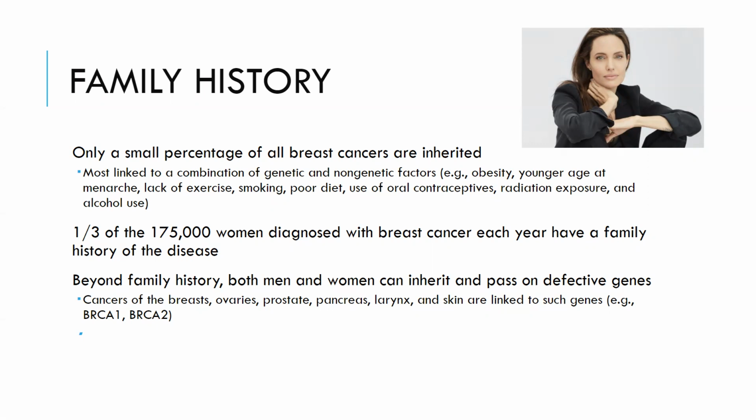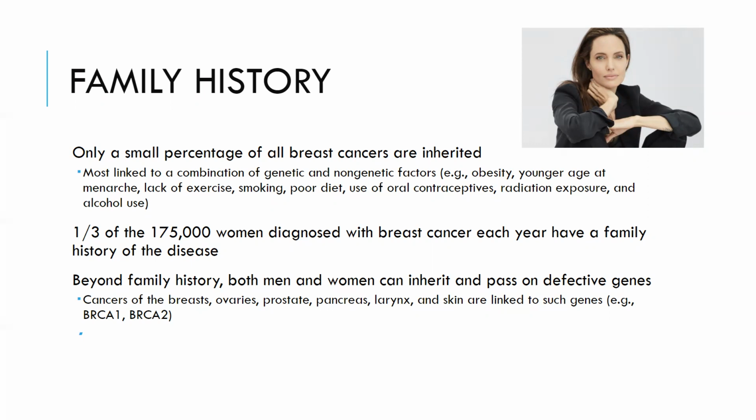Breast cancer, in addition to ovarian cancer, prostate cancer, pancreatic, laryngeal, and skin cancer, are all cancers that are linked to genes that can be inherited. Two of the big ones are the BRCA1 and 2 genes, and those are genes that we will be talking about a bit more in this class again, just because of their notoriety.